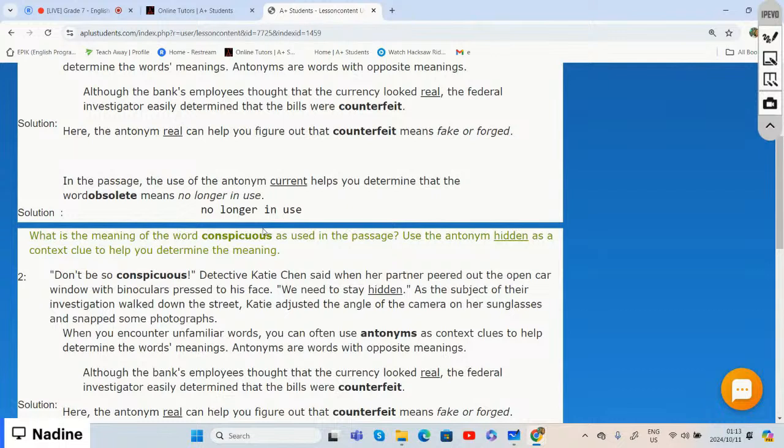And antonyms, once again, are words with the opposite meaning.